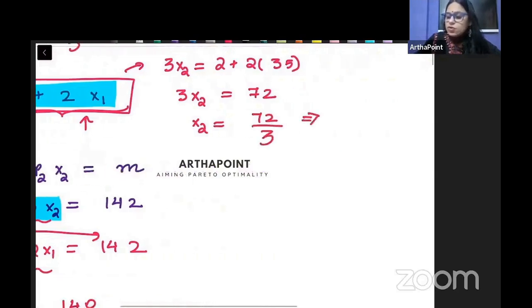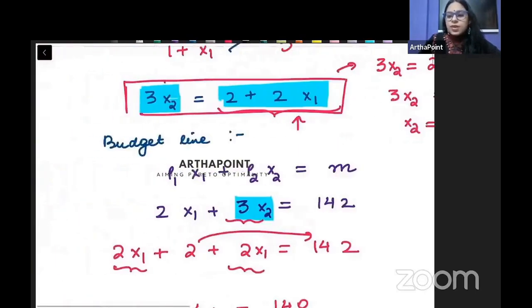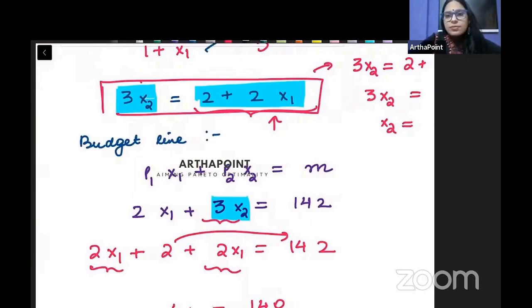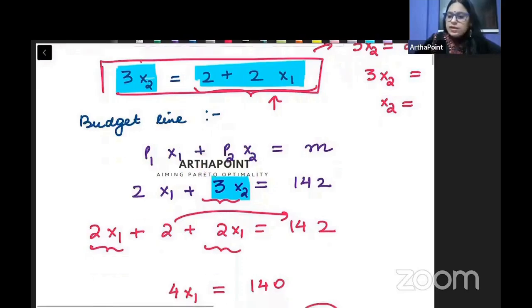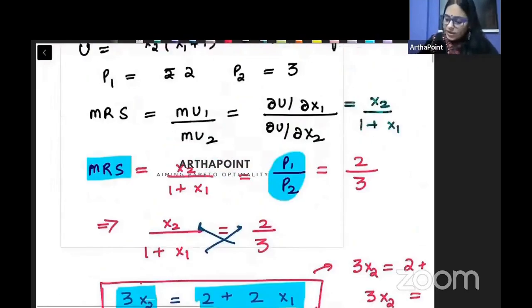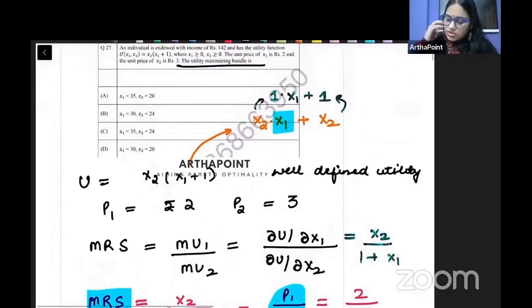This will give you 3 2s are 6, 3 4s are 12, 24. So what is your equilibrium bundle? क्या आ रहा है equilibrium bundle from this one? You are getting that your equilibrium bundle will be 35, 24. So the correct answer to this question will be C, 35, 24. This is the answer to this question.